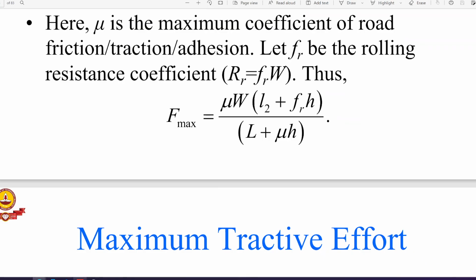So the next problem we want to discuss is that of a 4-speed gearbox design.